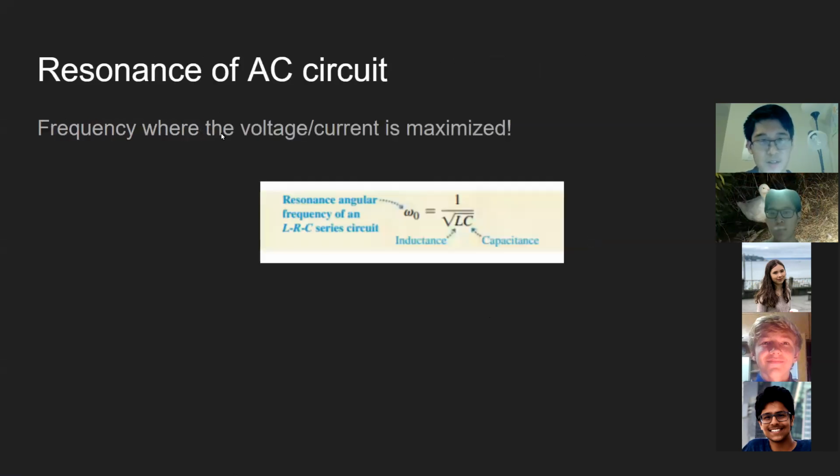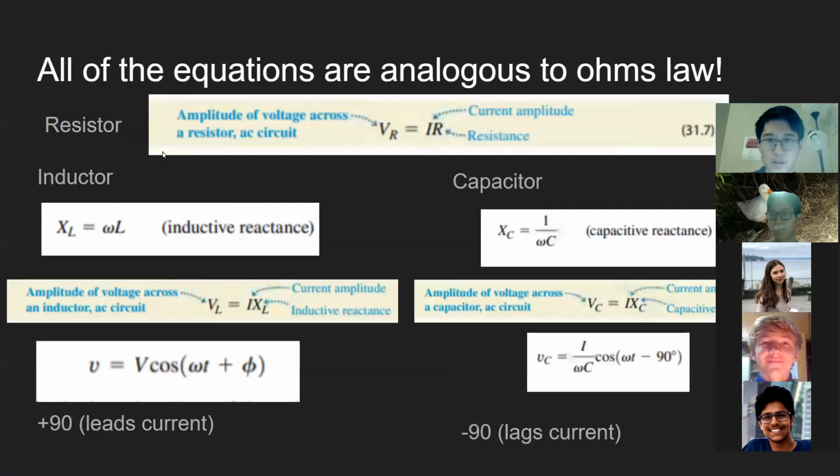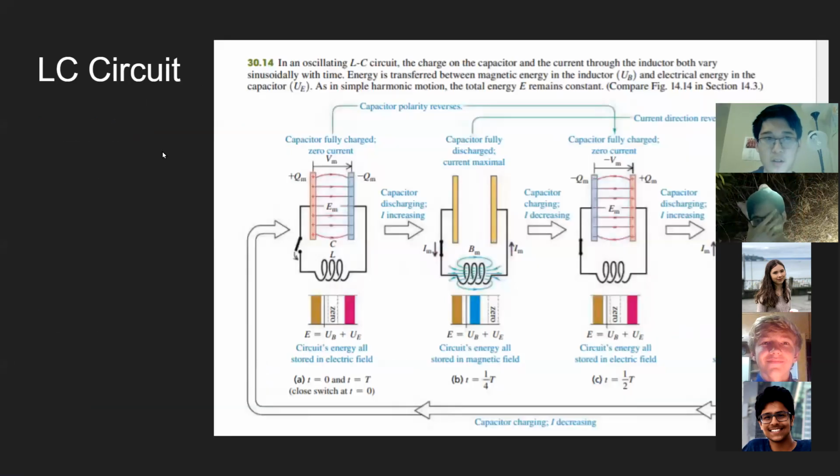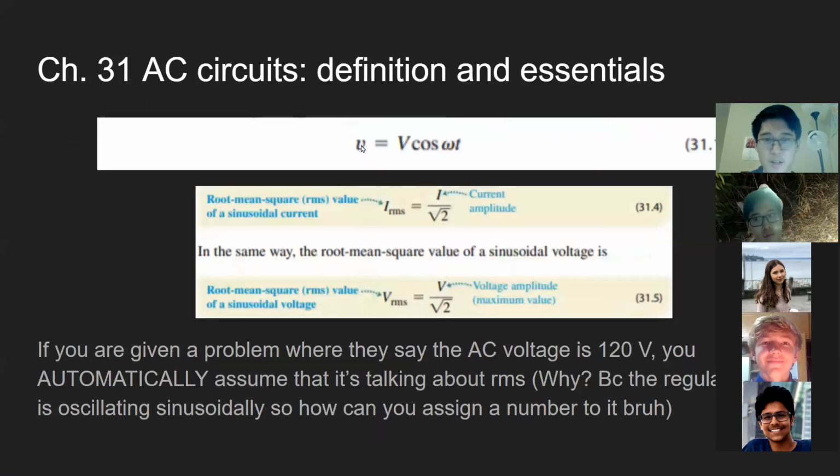All right, moving on. This is also a really simple concept: the resonance of an AC circuit. What does resonance mean? Going all the way back to the definition of AC voltage, V equals the voltage amplitude times cos(ωt), where ω is the driving frequency of the AC itself.